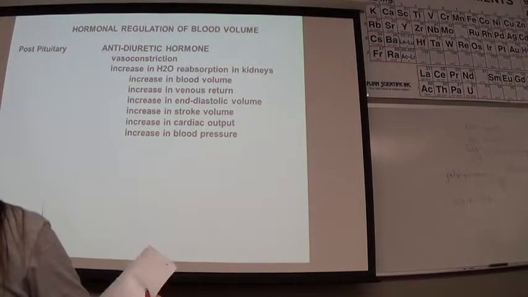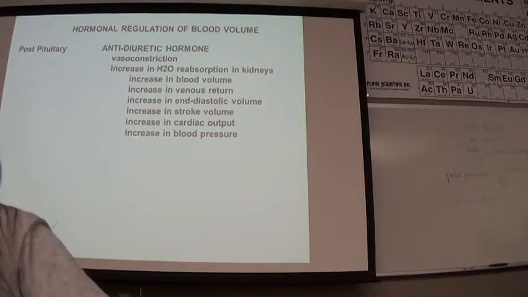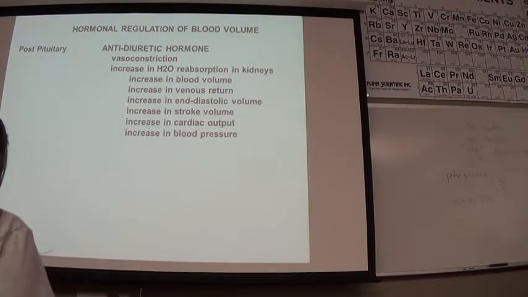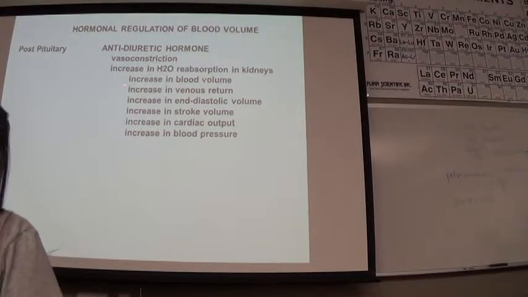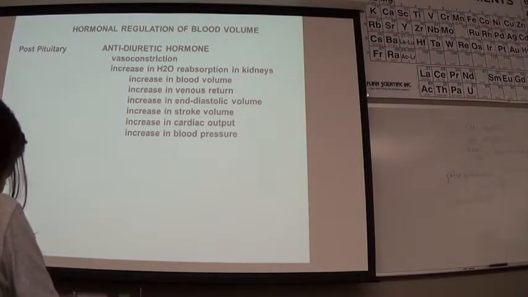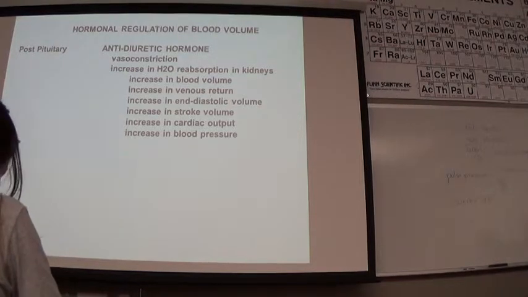So it's going to increase peripheral resistance by causing blood vessels to constrict. It also affects cardiac volume, cardiac output, by increasing blood volume. It does that by causing the body to reabsorb more water. So if you have an increase in ADH, your urine output is going to go down, and your blood volume is going to go up.